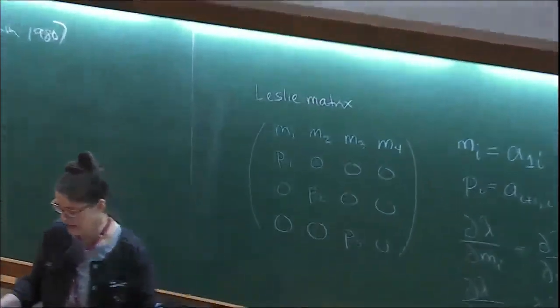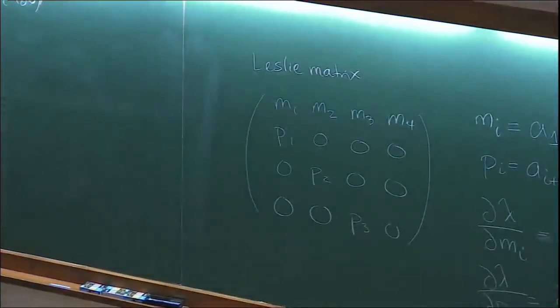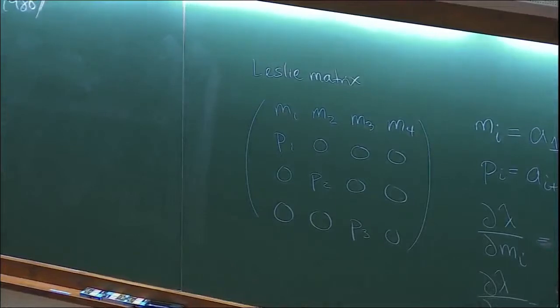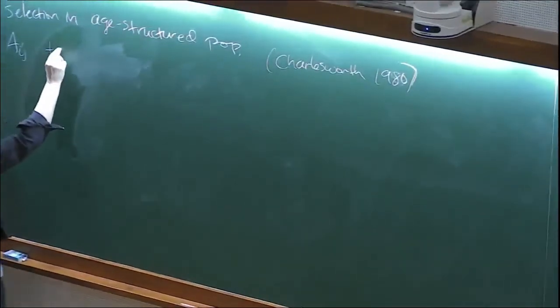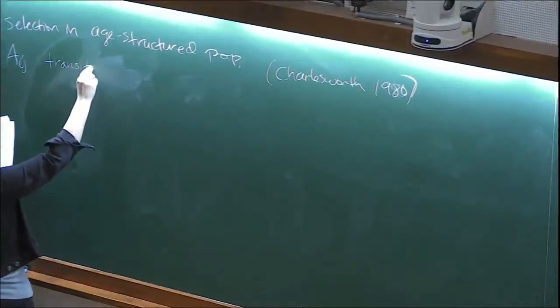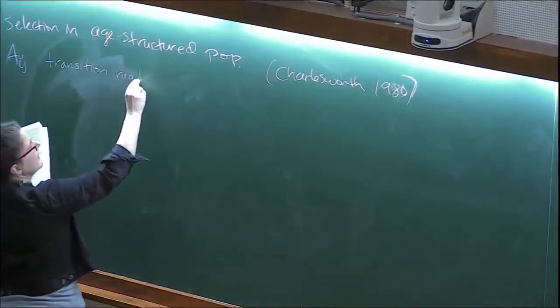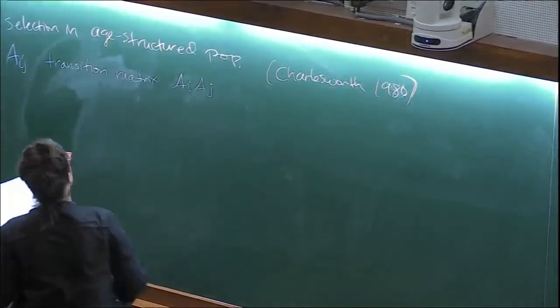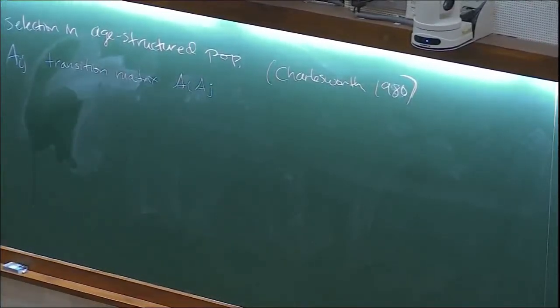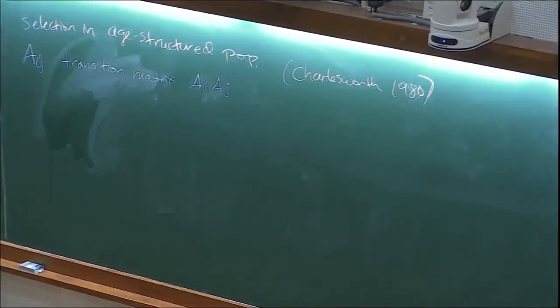And we might define a new matrix, the transition matrix, the Leslie matrix, for an individual with genotype AiAj at the locus that we're interested in. So it's the genotype-specific transition matrix.